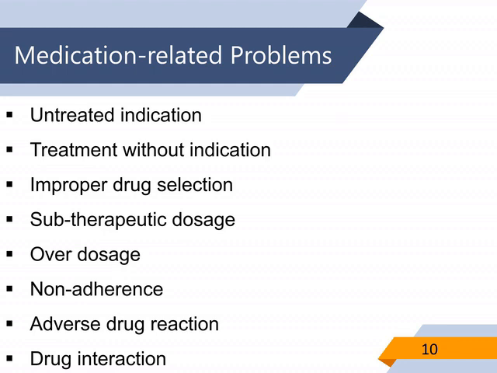Untreated indications: the patient has a medical problem that requires medication therapy, an indication for medication use, but is not receiving a medication for that indication. Improper drug selection: the patient has a medication indication but is taking the wrong medication.